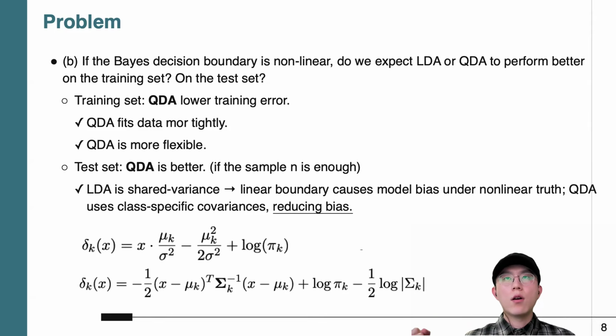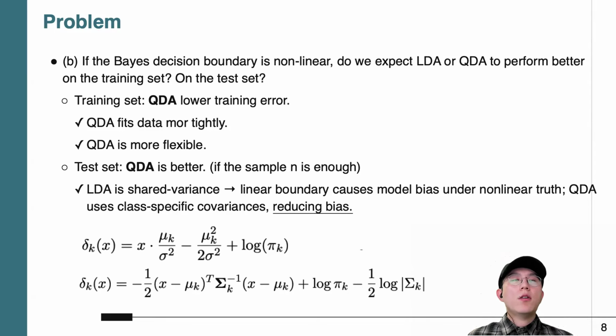So QDA has lower train error. On the test set, the Bayesian decision boundary is non-linear. QDA usually wins.